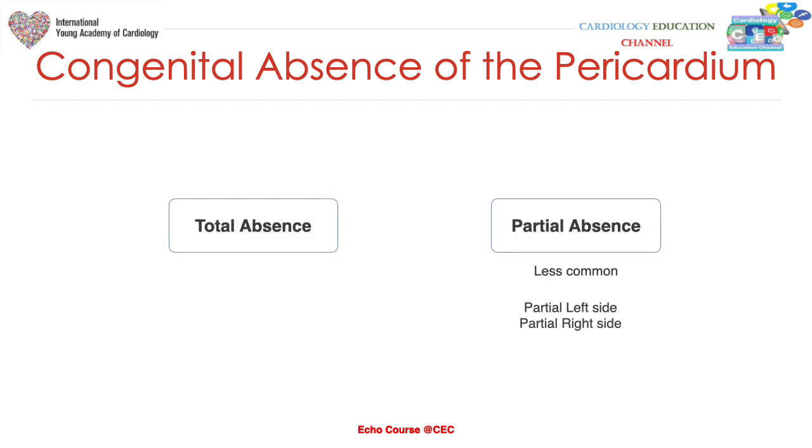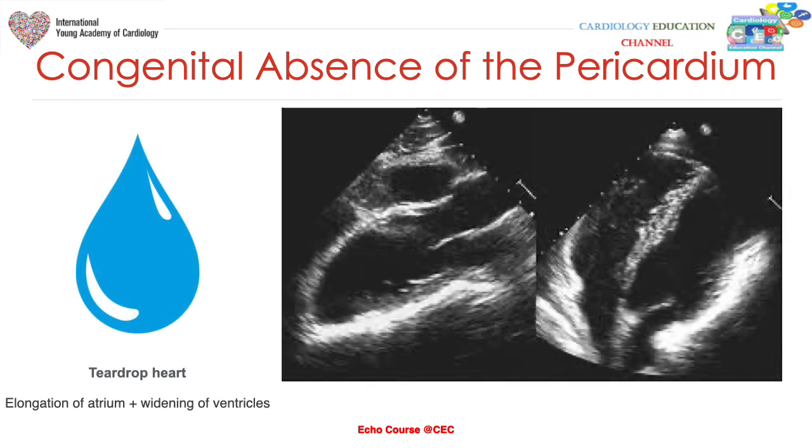It may be classified as either total absence of the whole pericardium, which is not common, or partial absence, which is less common. So you may have partial left-sided or partial right-sided absence of the pericardium. The characteristic echocardiographic finding in this patient is a teardrop heart, where the heart is elongated and the atria are elongated with widening of the ventricle, so the heart appears like a teardrop.